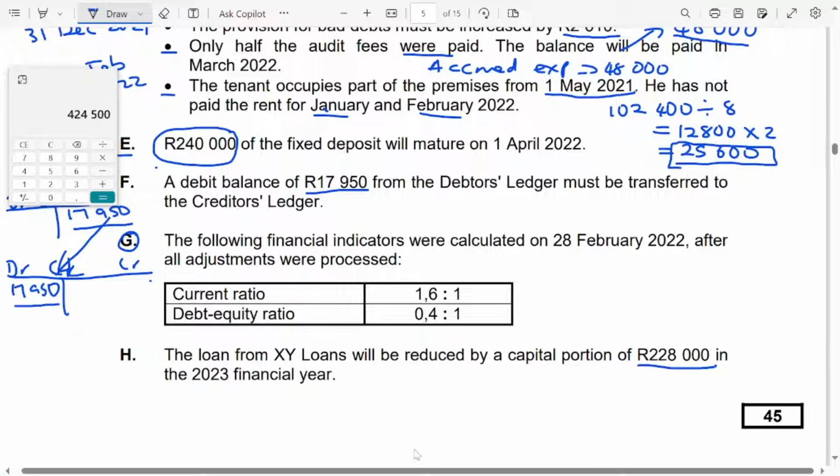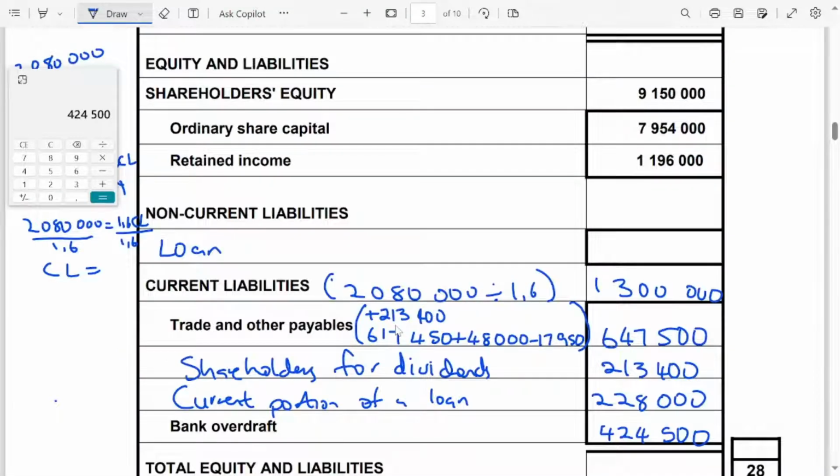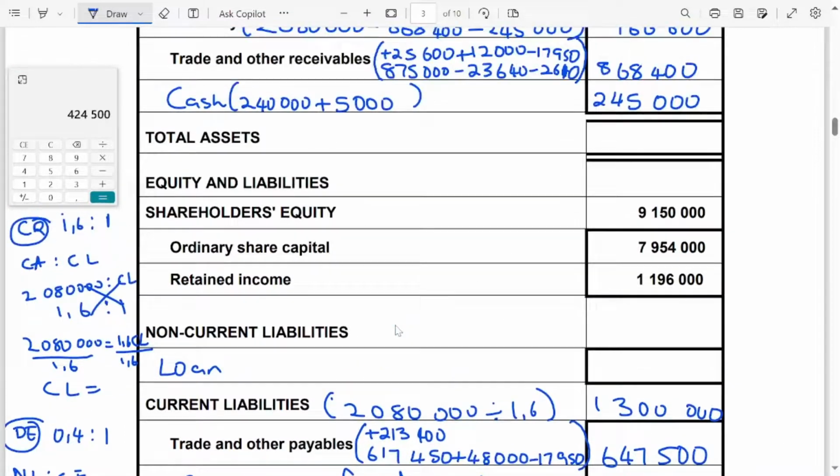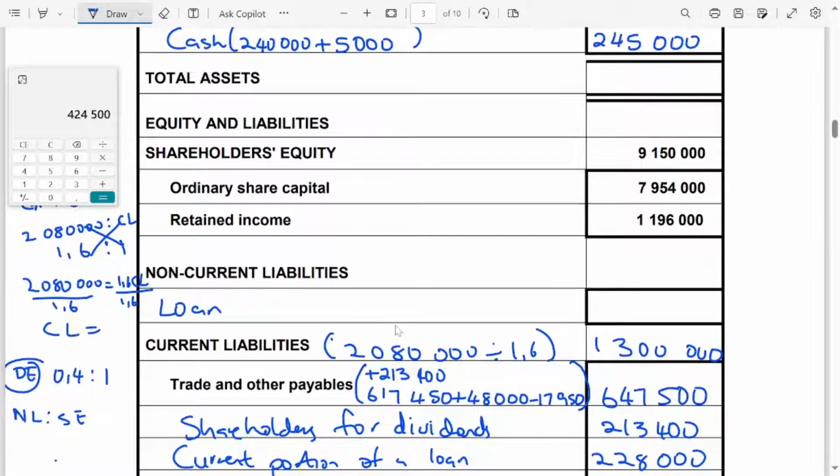Okay, now the debt equity ratio, 0,4:1. Now remember that the ratio is saying non-current liabilities is to shareholders' equity, right? So let's do this. The shareholders' equity they are given is 9,150,000.